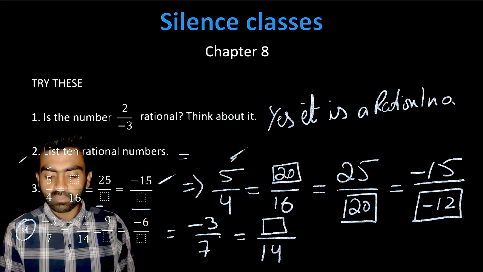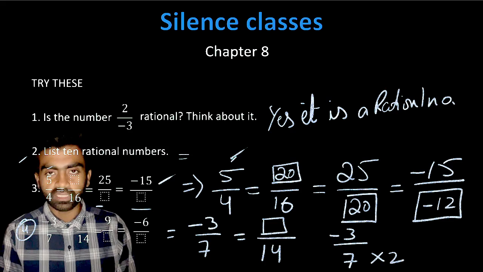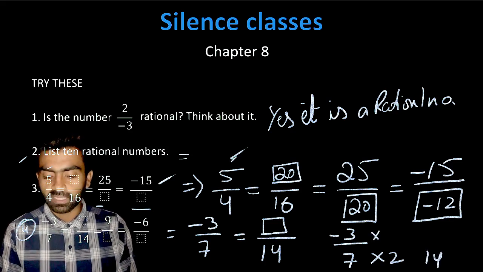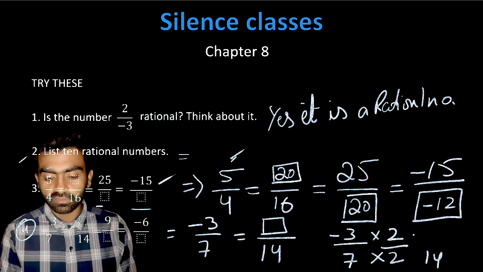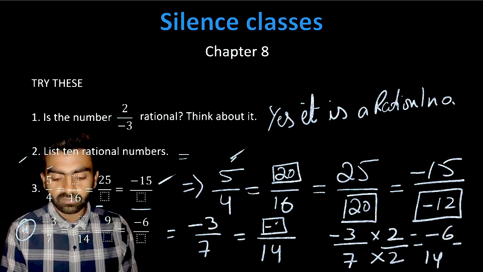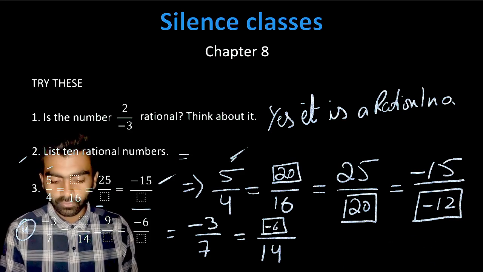We have to multiply 7 by 2, means minus 3 upon 7 multiplied by 2, we will get 14. 7 twos are 14. And if I am multiplying 2 over here in the denominator, we have to multiply 2 in the numerator as well. So 2 threes are 6, but the minus sign is there, so we will get minus 6. I hope you guys understood how we are doing it.